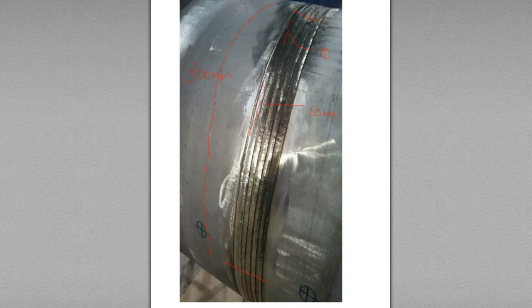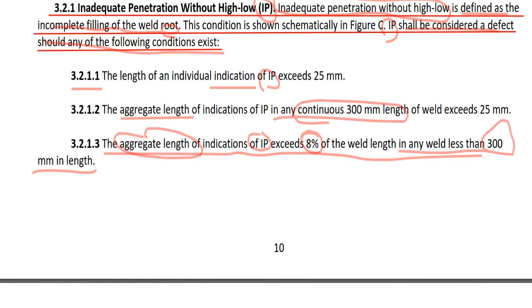And unfortunately another IP here, and the length of this one is again 10 mm. Then aggregate length of the weld in 300 continuous weld: number 1 IP, number 2 IP, IP number 3. Total length of all the IPs, the sum of these three, is 30 millimeter. This is exceeding 25 millimeter, so this is reject. This is condition number 2, which is explained in 3.2.1.2.